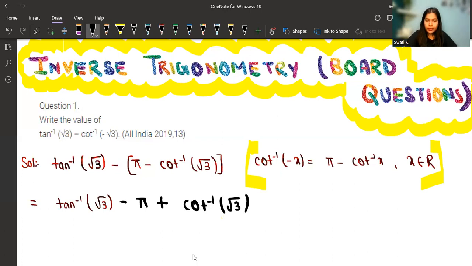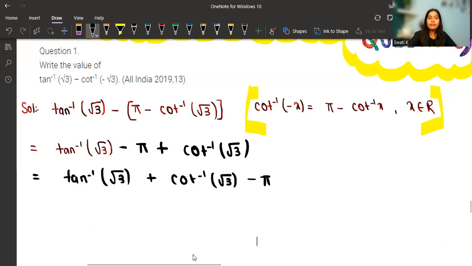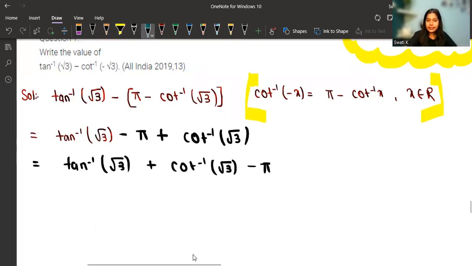Now what I'll do, I will write down tan inverse root 3 plus cot inverse root 3 together, and then minus pi as it is. Now here again, I'm going to use a formula, the formula of tan inverse x plus cot inverse x, which is pi by 2.